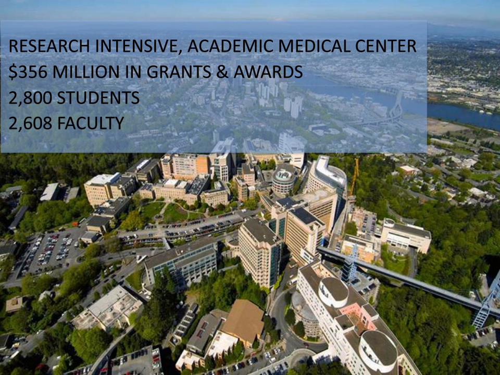We're located in Portland, Oregon, and we're the state's only academic health center, with schools of medicine, dentistry, nursing, and graduate science education. We're a research-intensive institution with $356 million in grants last year, and with a large portion of that coming from the NIH. And finally, while our research imprint is significant, our student and faculty counts are relatively small.